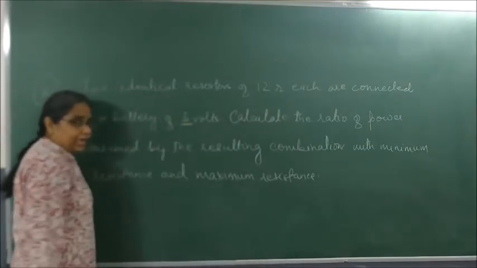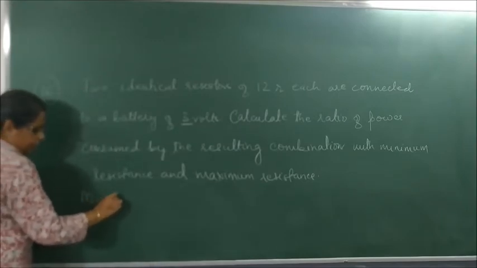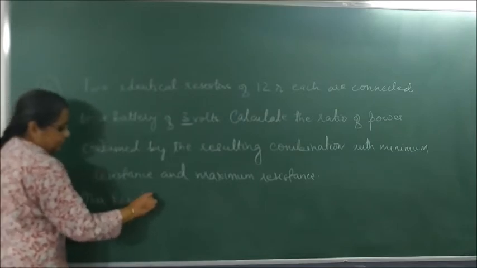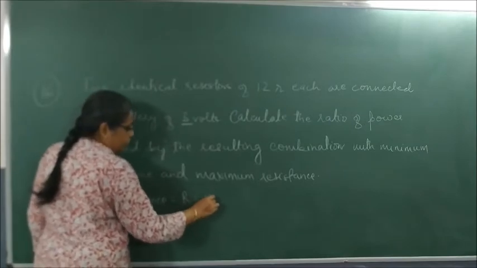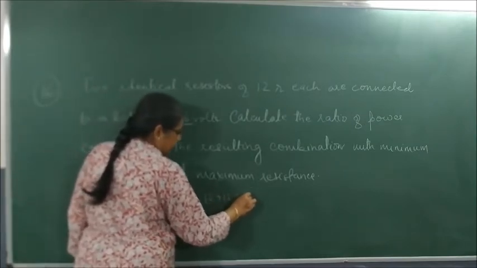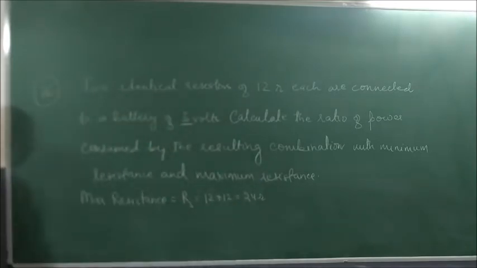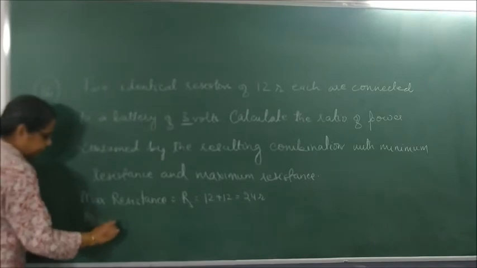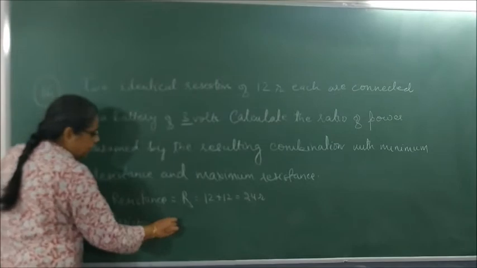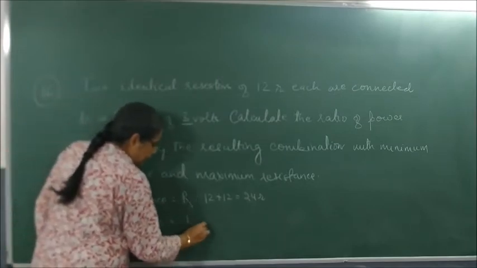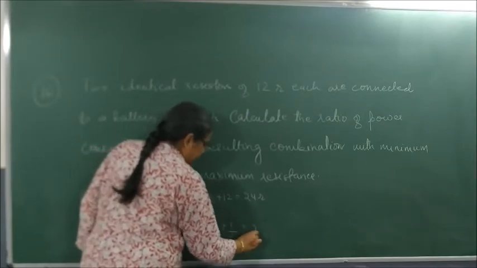So for maximum resistance, the resistors have to be connected in series. So Rs is equal to 12 plus 12, which is equal to what ohms? 24 ohms. Correct? For minimum resistance, 1 by Rp is equal to 1 by 12 plus 1 by 12, which is 2 by 12.